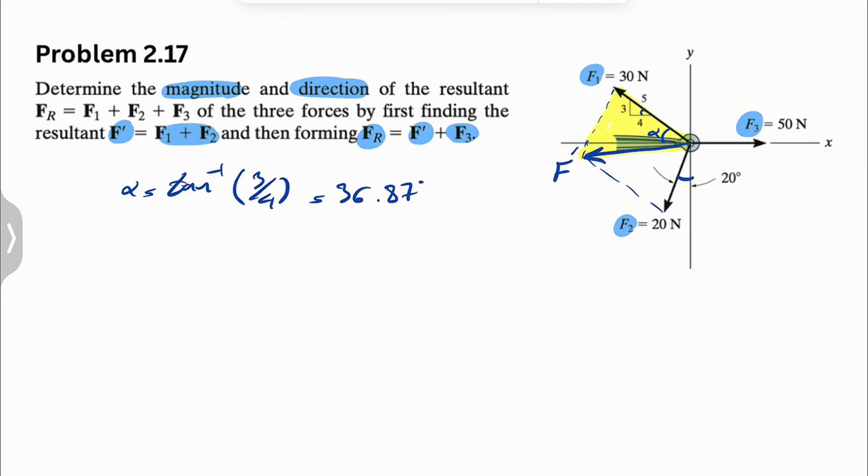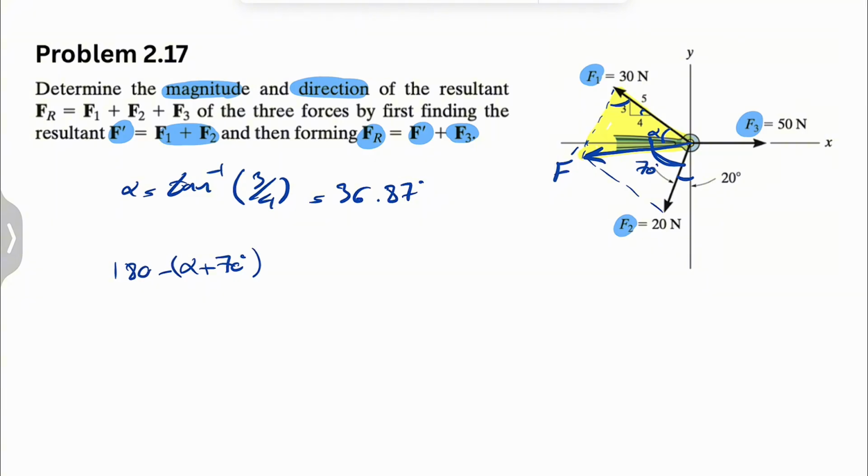Because this angle right here is 20 degrees, this angle here would be 90 minus 20, or 70. Now we have one of the angles of our parallelogram, because the angle of the parallelogram is basically alpha plus 70 degrees. If we want to find this angle right here, it's going to be 180 minus that value.